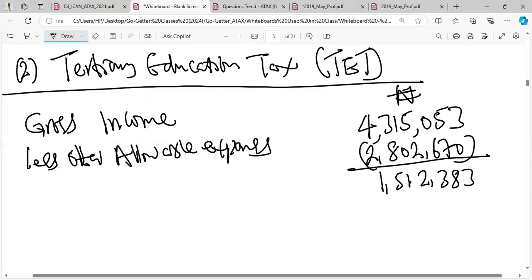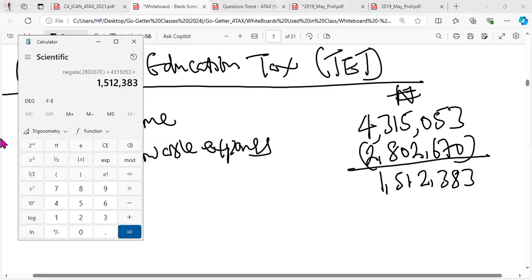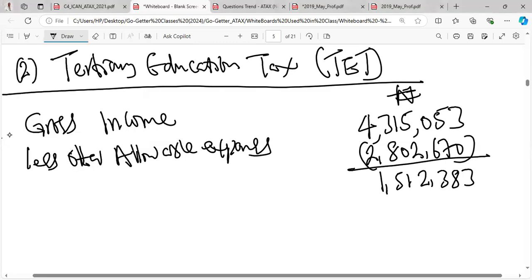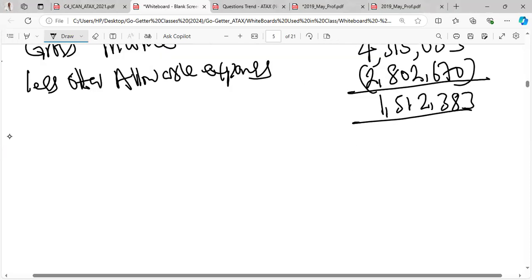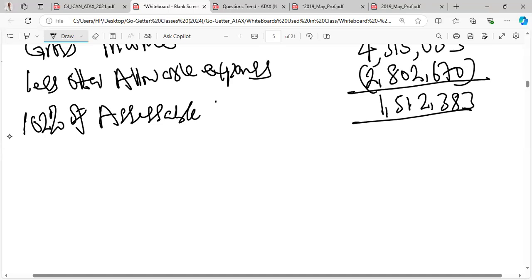Okay, so that's this. Now my TET, so this is what I have here. So this is 102% of assessable profits.